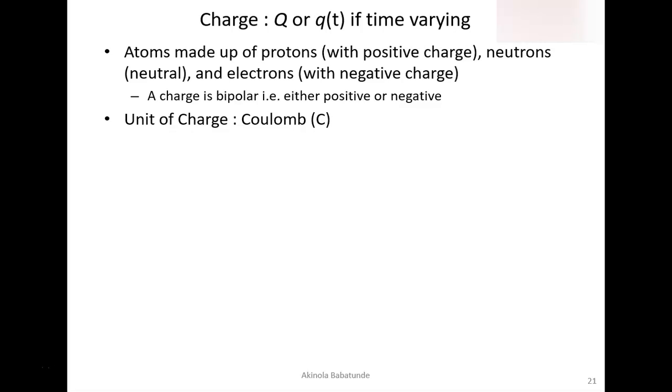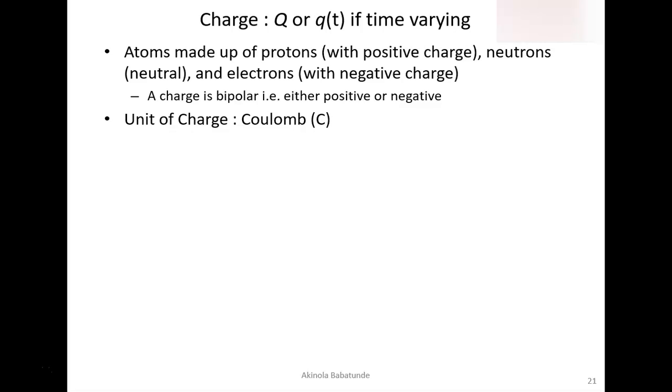Now let's briefly talk about charge. Charge is usually represented with Q, just Q if the time is constant, or Q of t if the time is varying. The first thing you should know is that atoms are made up of protons, neutrons, and electrons.